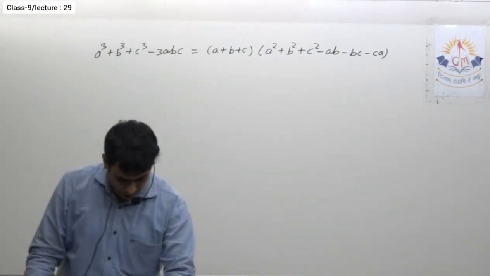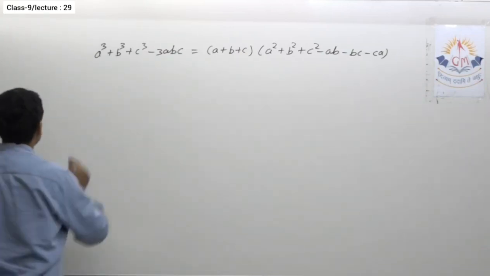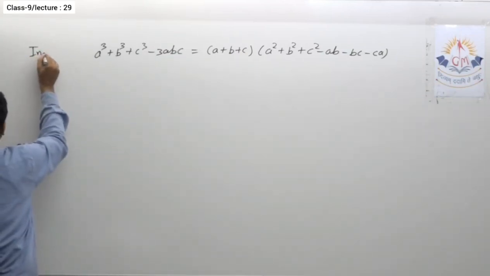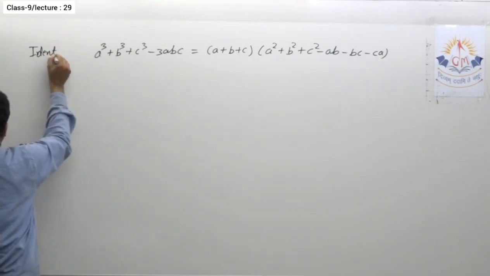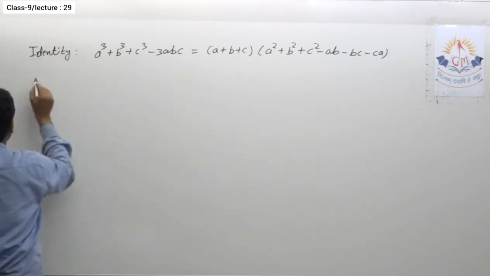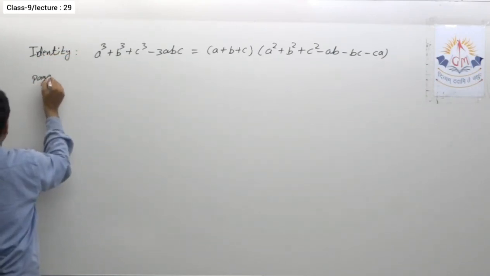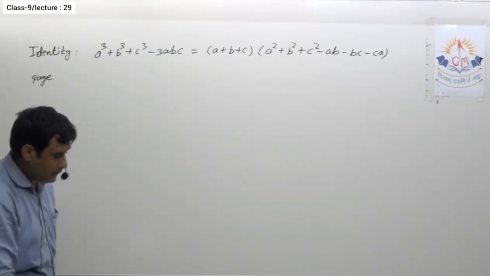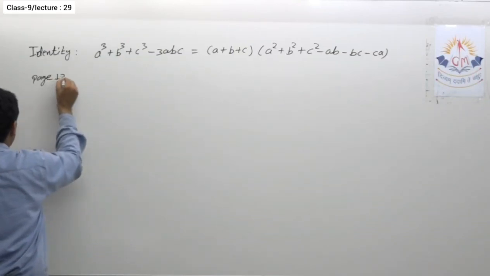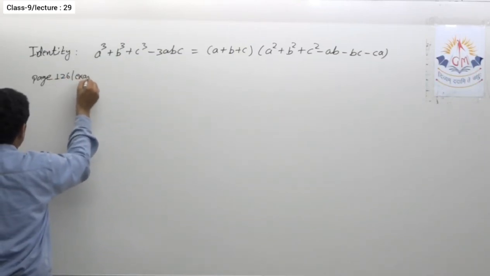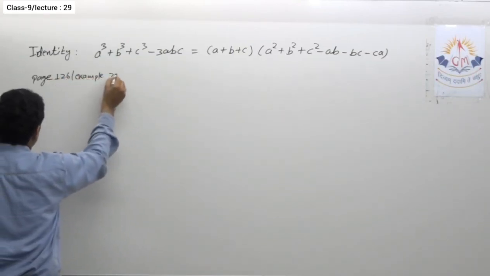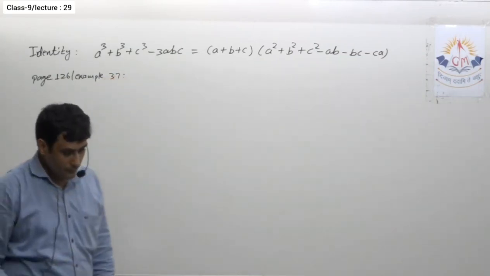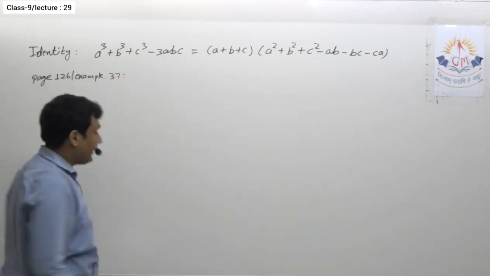So here is the very first question, factorize. Okay, this is the identity that we are going to use. Now the next question I am taking from page 126, example number 37.